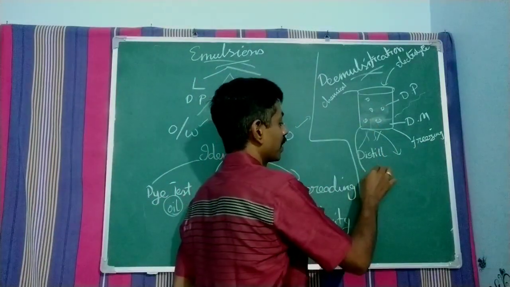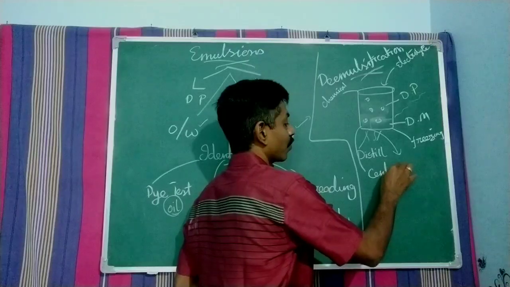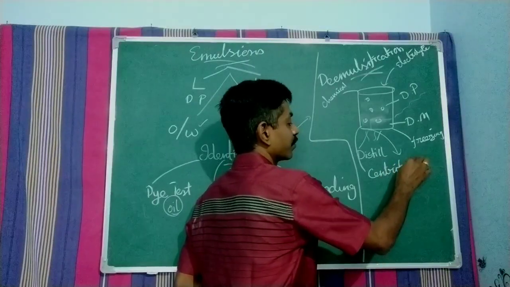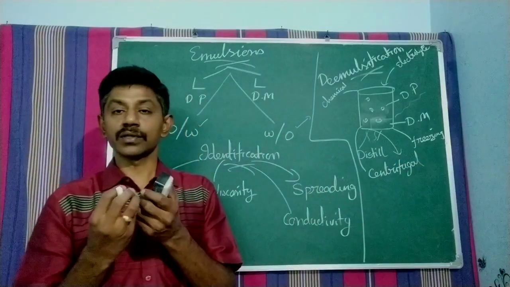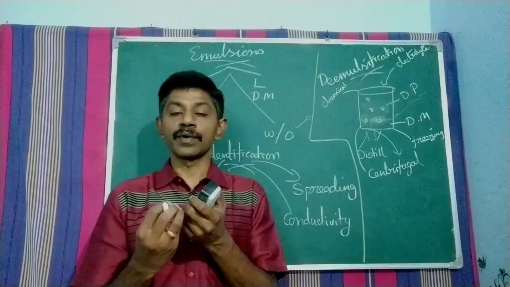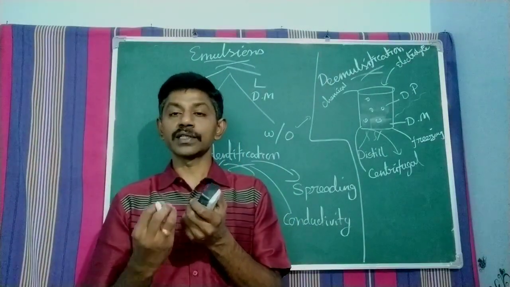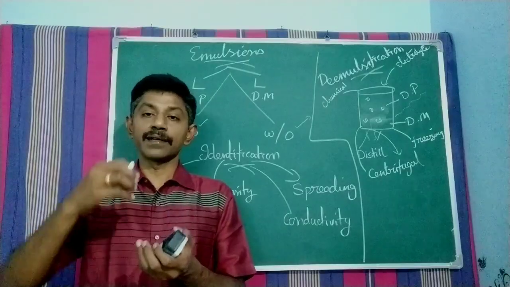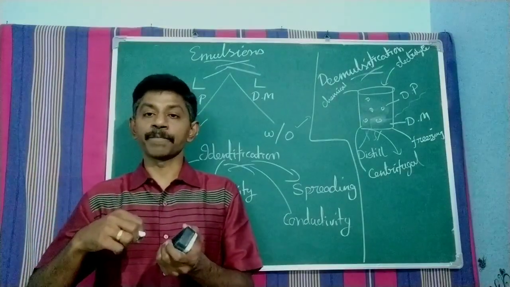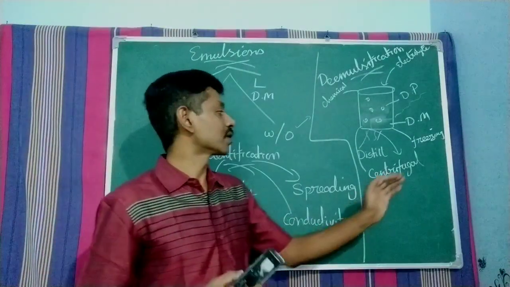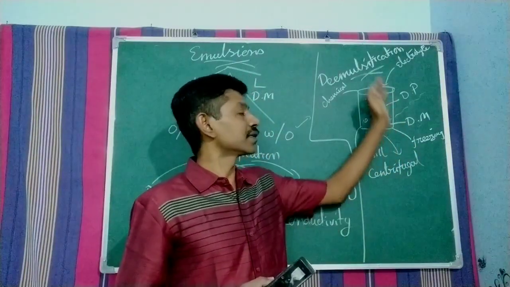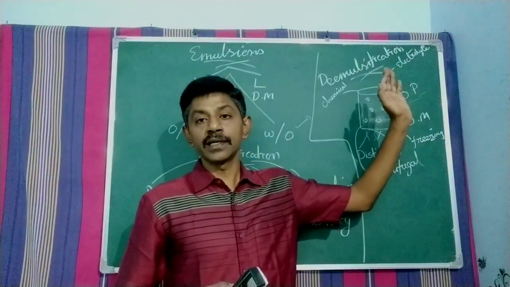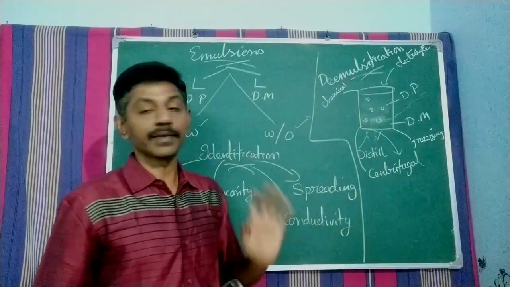Otherwise, by applying centrifugal force. Centrifugation means they use a device attached to a motor, and when you keep on rotating, due to centrifugal force the solvent and dispersed phase will get separated. This is one of the methods.